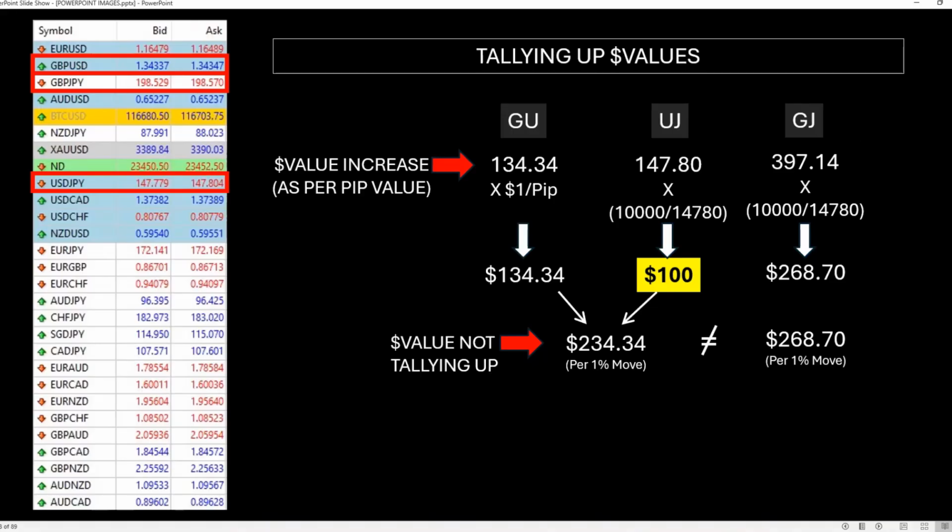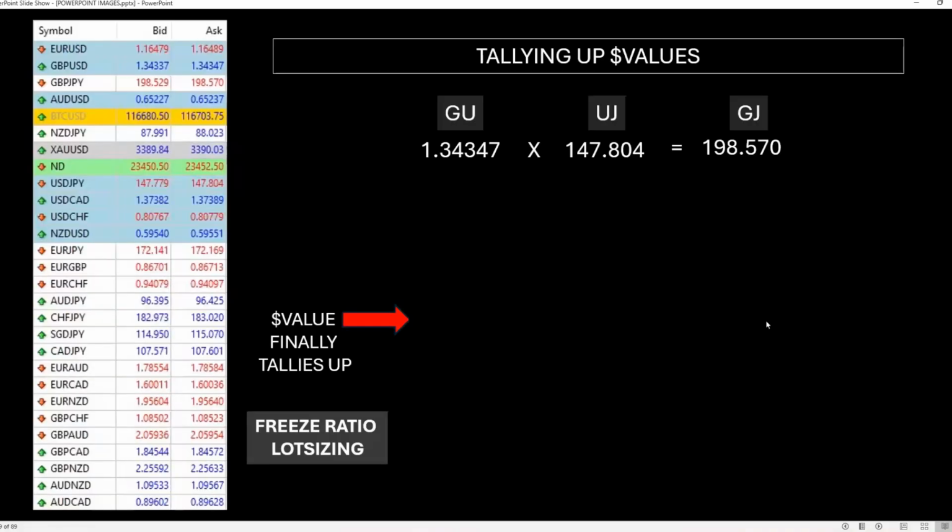But how do we do that? There's one way we can do it very quickly. Again, this is a mathematical rule. We understand this. This will never change. Sometimes it might be slightly dislocated, because of the inefficiency of the markets. The market is not totally efficient, not 100%.